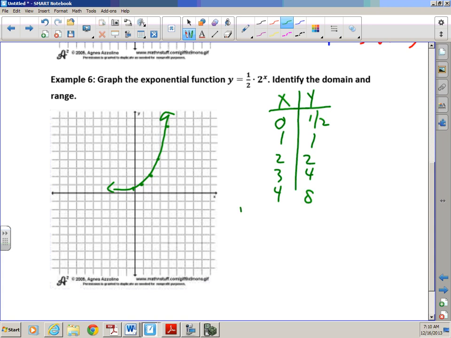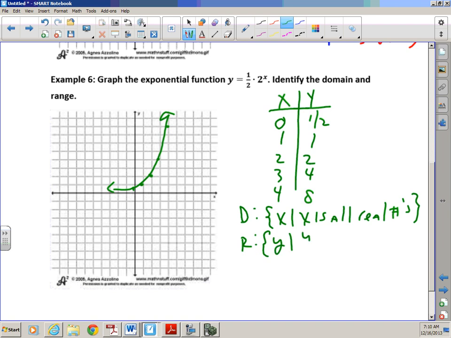Okay? And the domain, x is all real, which again will always be the case unless I give you the domain. And a range y, it bottoms out at 0. Okay? So what we covered today was the graph of exponential functions.